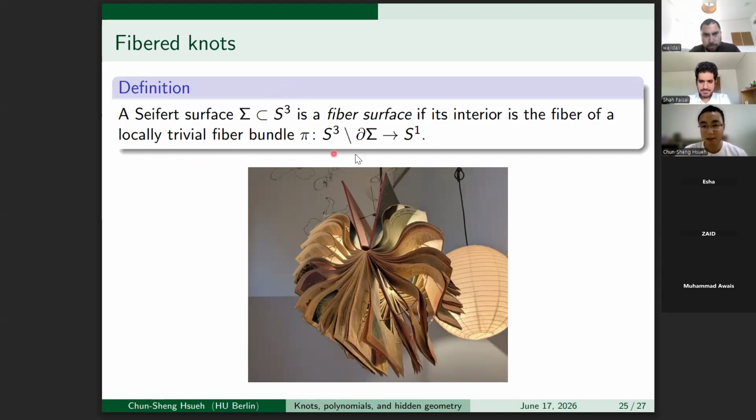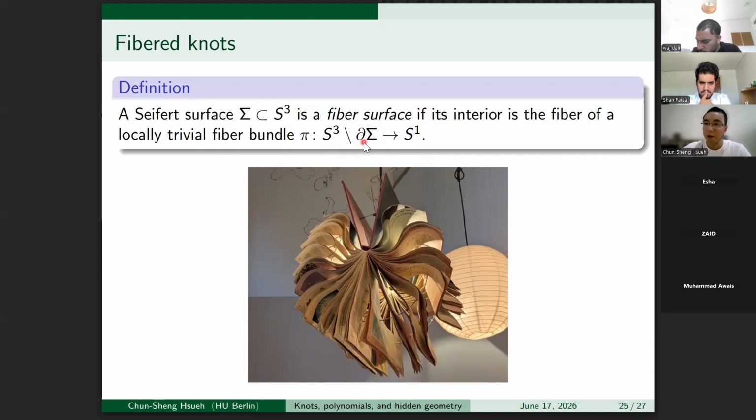So it's a map from S3 with the knot on the boundary of this Seifert surface removed, and you have a fibration over S1. Or I could say, if this is a Seifert surface for a knot K, then the knot complement, so outside of the knot, you have a fibration over S1.